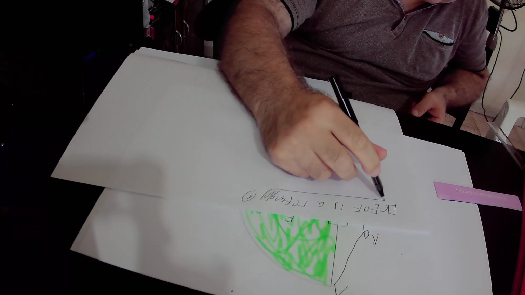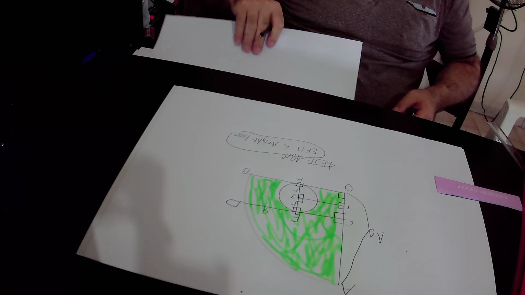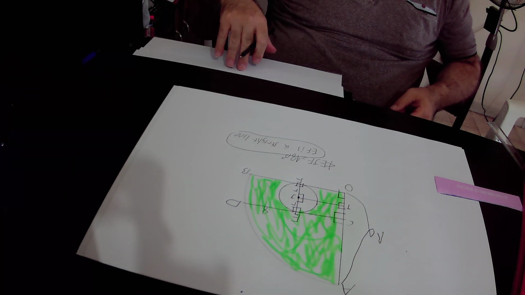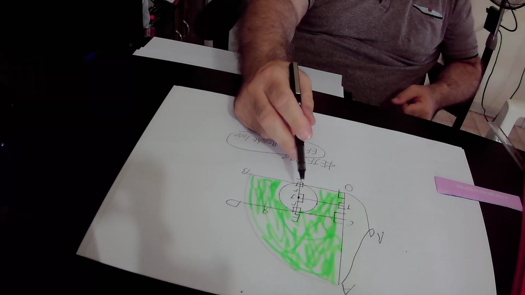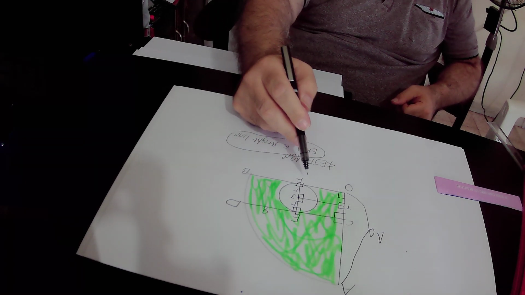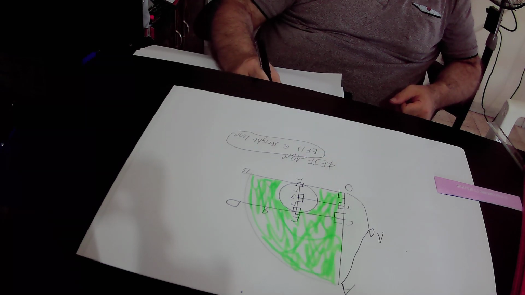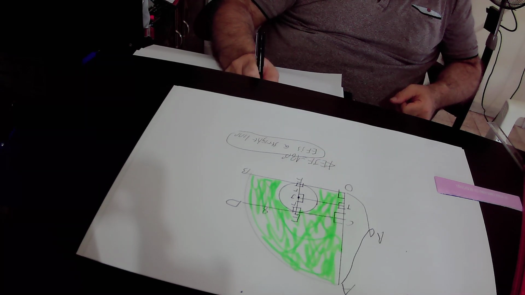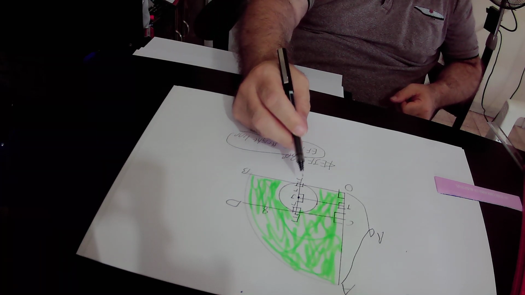But we also know that the opposite sides of a rectangle are equal to each other. That is to say, side EF must be equal to side CO. EF equals CO. But we have already found out that EF equals R plus R, that is 2R.